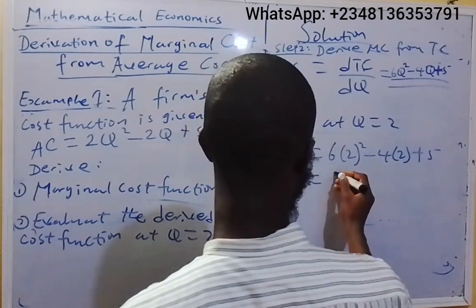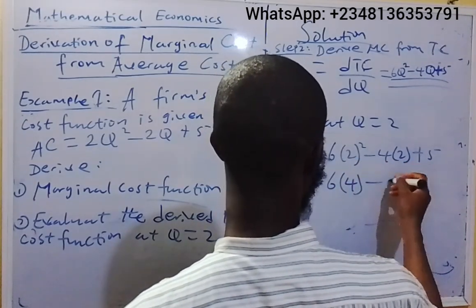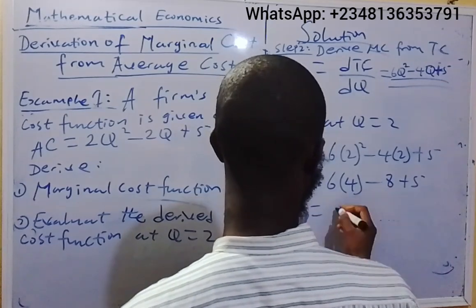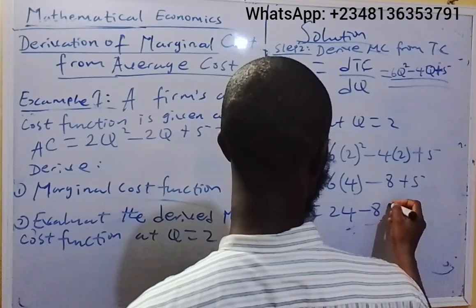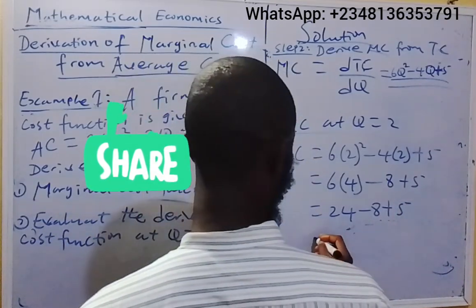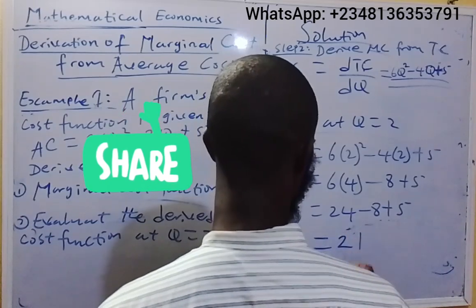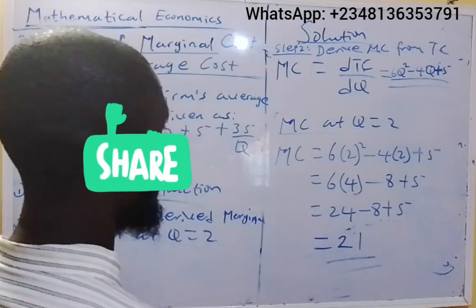So I have 6 times 2 squared, that is 4, minus 4 times 2, that is 8, plus 5. In other words, we have 24 minus 8, plus 5. Now the total answer is going to be 21. Okay, here is our final answer.